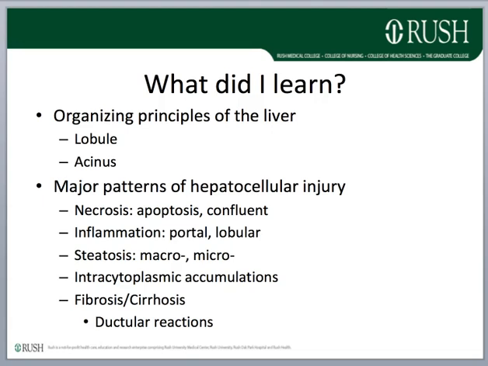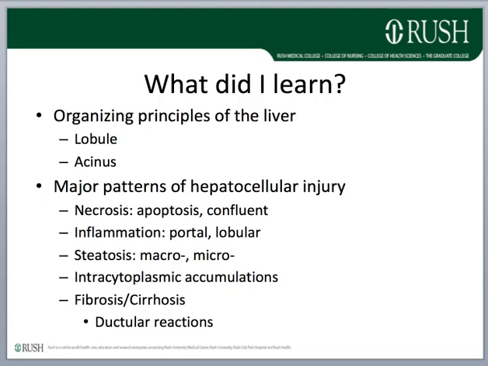And then you learned about major patterns of hepatocellular injury that you'll take moving forward when learning about more specific disease entities. And that's necrosis, which can either be individual cells, what we call apoptosis, or confluent. Different inflammatory patterns, which can be centered on the portal triad, or which can be distributed throughout the lobule.